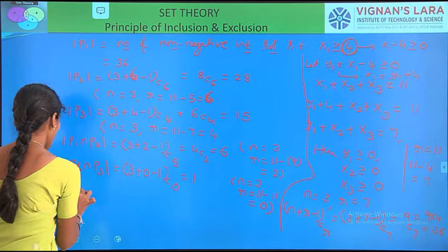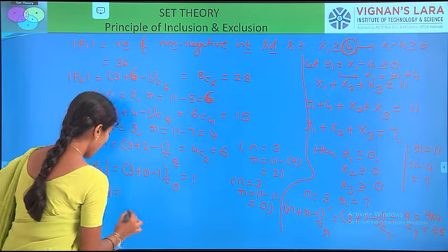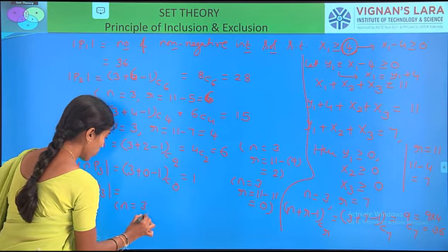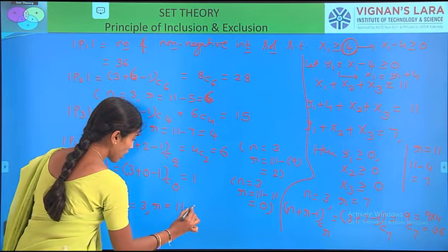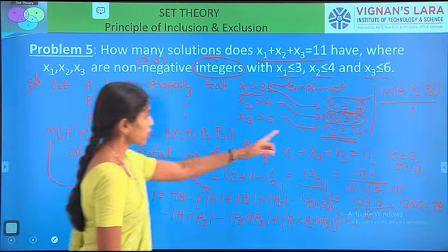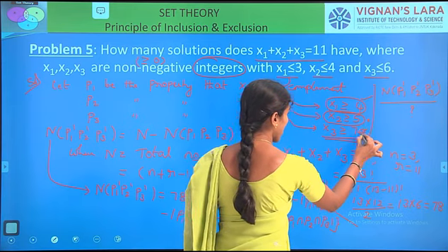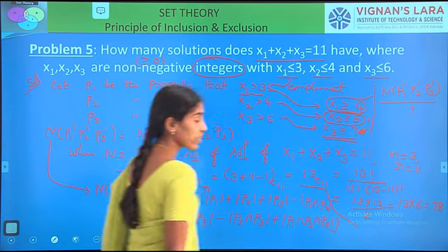Next, P2 intersection P3. Here n value is the same, 3. The new r value is 11 minus of P2, P3. Constraints are P2 is 5, P3 is greater than or equal to 7. 5 plus 7 is 12.